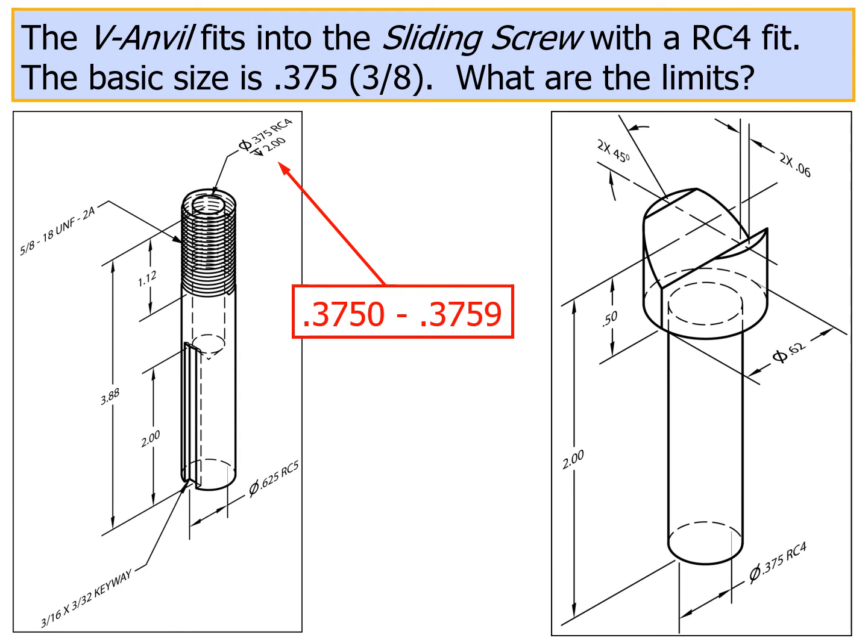If you look at the table, I'm not going to show you the table, but try to look at the table and see if you can come up with this value, which is the correct value for the hole. And on the right-hand side is for the shaft.